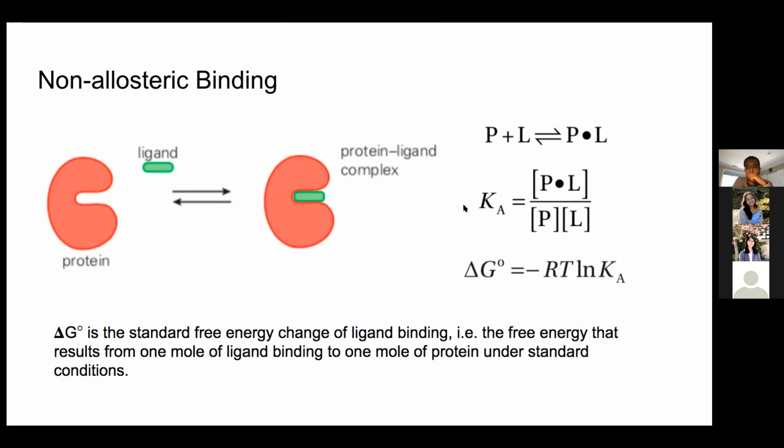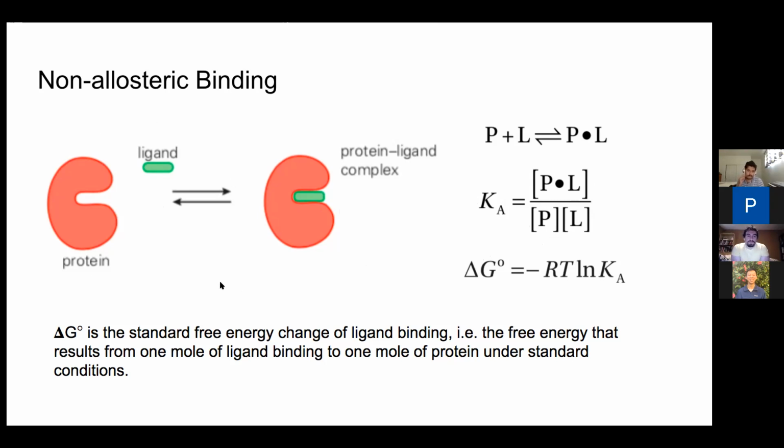And then we can convert this into a standard free energy change for the binding reaction, which as usual is just negative RT times the natural logarithm of your equilibrium constant. So this delta G is a measure of the affinity of this interaction.